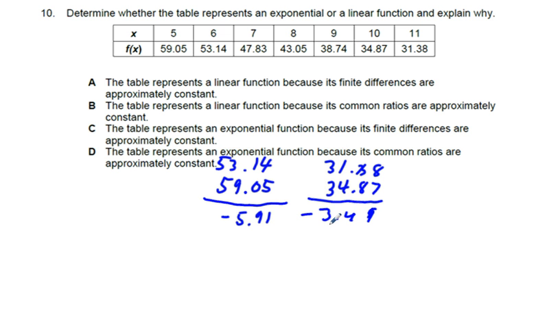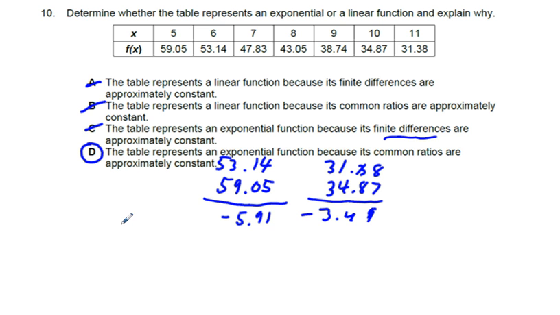Okay, they're not at all alike. So the common differences are not really that close, so we're not linear. It's common ratios just by process of elimination. Finite differences do not go with exponential. Not linear again, so this would have to be it.